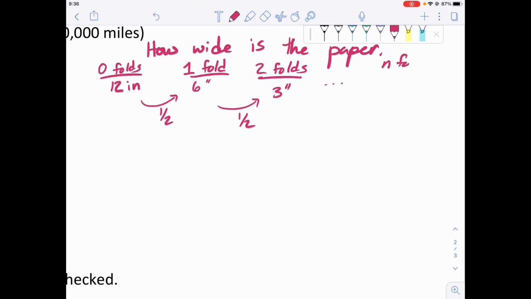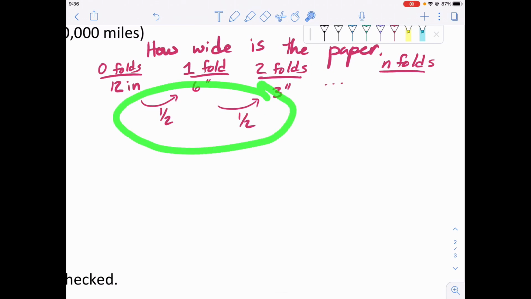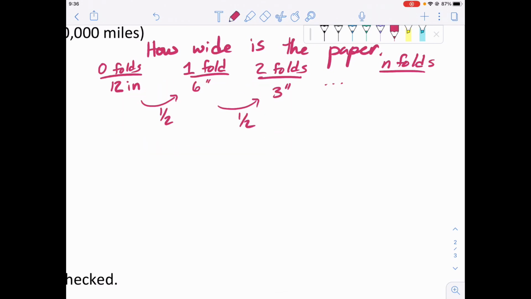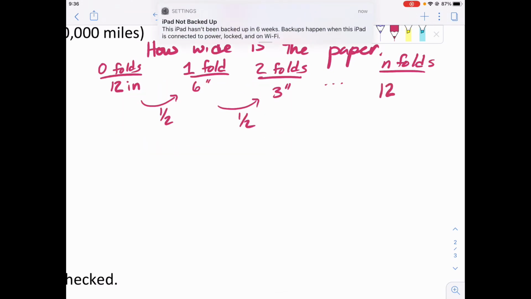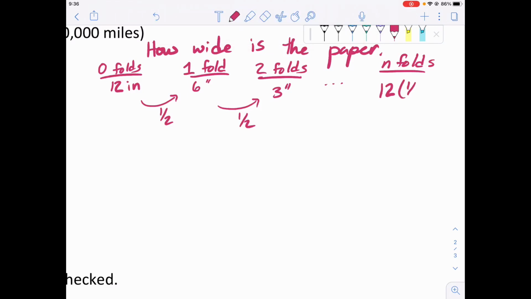And so after n folds, how big is it going to be? Well, 1 fold, we multiply 12 by 1/2. 2 folds, we're multiplying 12 by 1/2 twice. So we're going to multiply 12 by 1/2 to the n. So this is what this one's going to look like. And so we know already that 1 mile is 24 folds.